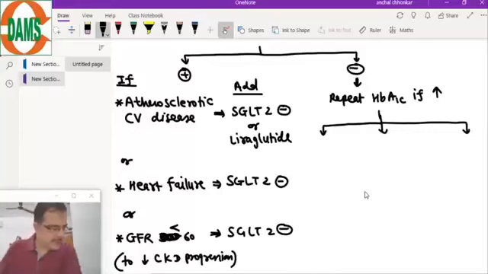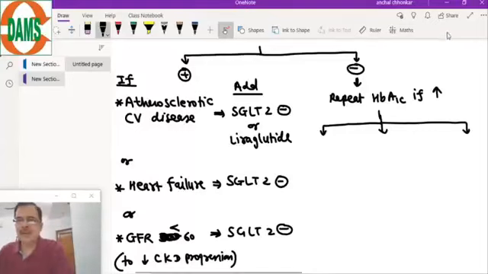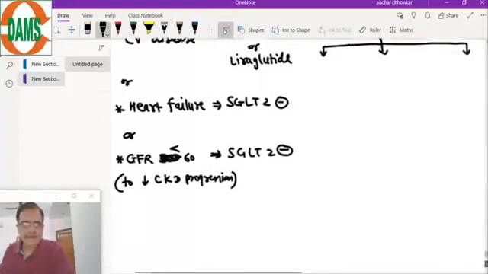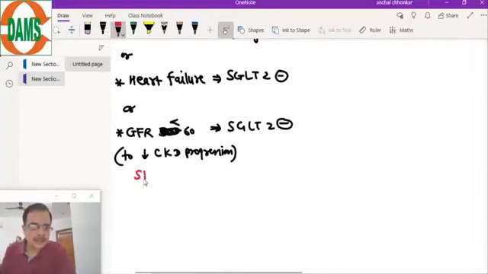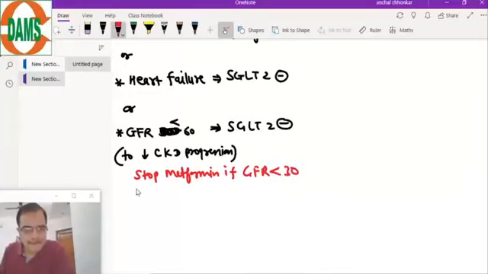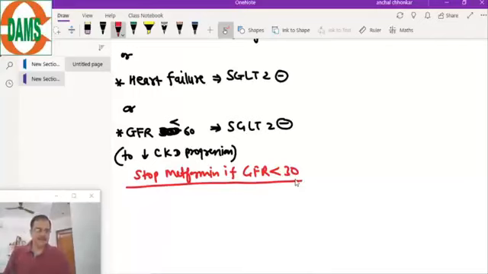So if a patient is having any other endocrine disease, so that will be treated simultaneously. Metformin will be contraindicated when the GFR is less than 30. Then we will stop the metformin. And if it is less than 60, we will reduce the dose of the metformin.